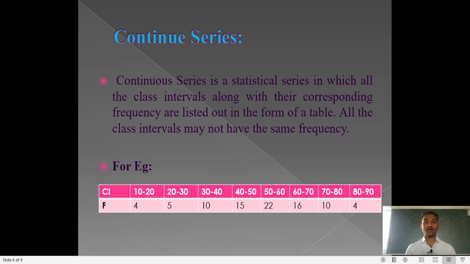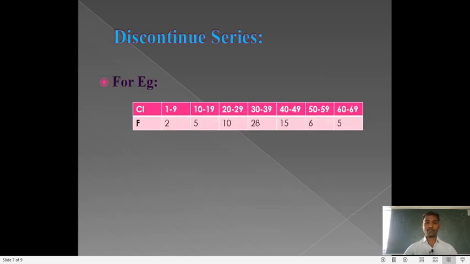Now we will go to the next series, the discontinuous series. In the previous series we saw class intervals; here also there are class intervals, but the classes are not continuous. In the previous data series we saw 10 to 20, 20 to 30, but here it is 1 to 9, 10 to 19, so it is not continuous, it is a broken series. So how do we make this series continuous? If we are going to solve a numerical problem, at that time we have to convert this type of data series into a continuous series.